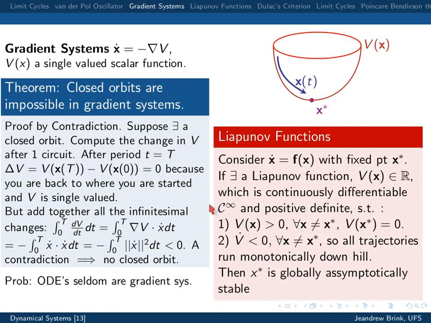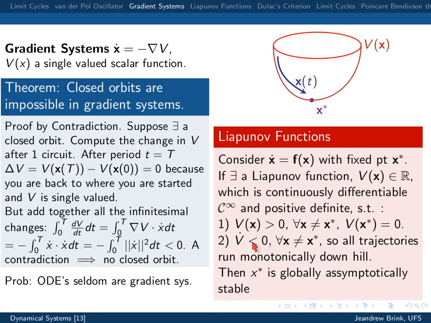So the moment you have a system and you have an additional potential that has these properties, you can prove that this fixed point is globally asymptotically stable. The idea is basically that using these conditions, you have your potential here. This condition says it's a positive potential, so it's like a cup.